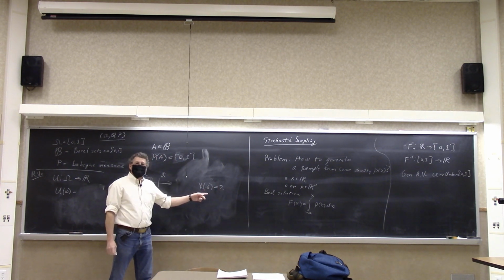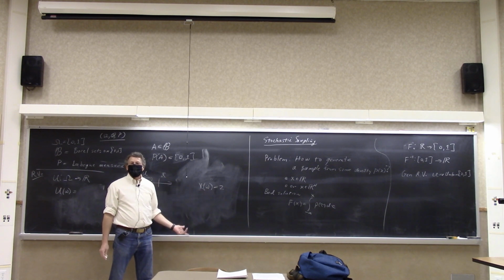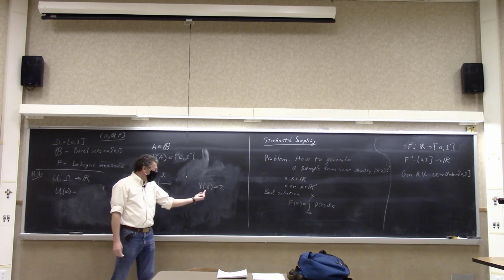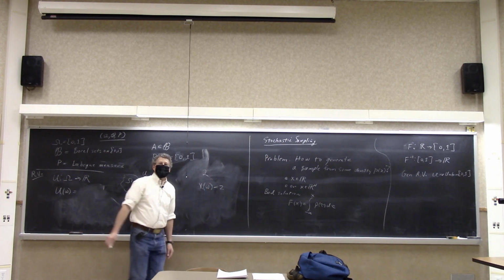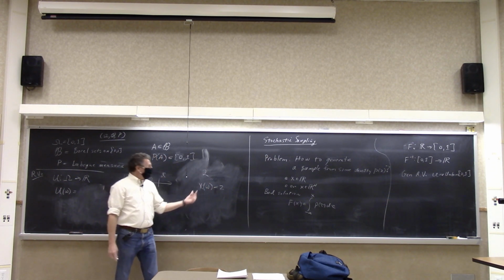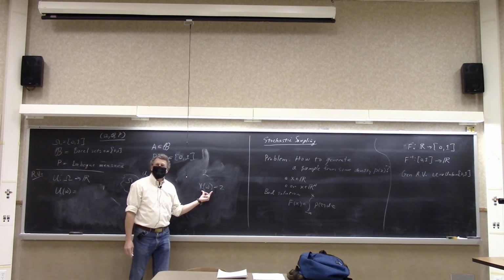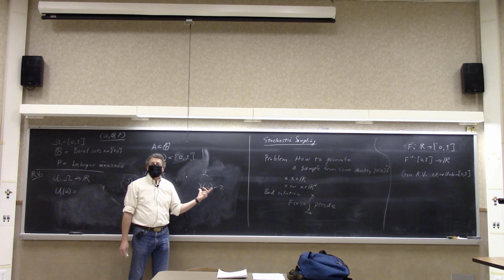Then that is a random variable, which is equal to 2 with probability 1. Because it has to be a function to be a random variable. So technically, the number 2 is not a random variable. But if I define the function, which is always equal to 2, then that is a random variable.